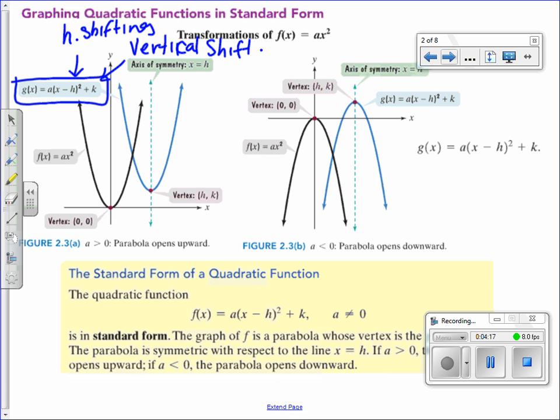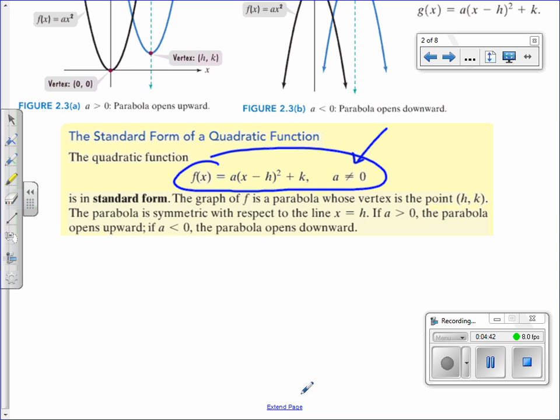So if we look at the definition here, for this equation, we have f of x is equal to a times (x minus h) squared, plus k. Now we have here that a cannot equal 0. Why do you guys think we have that? Very nice, exactly.